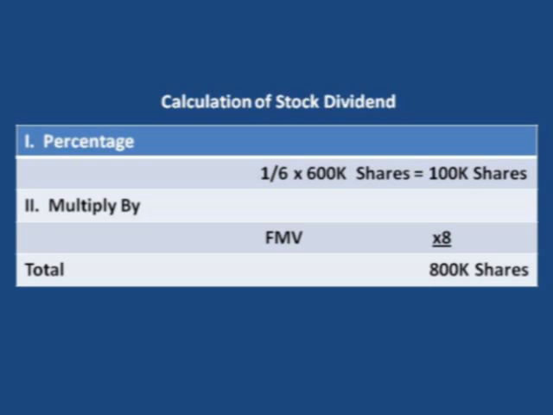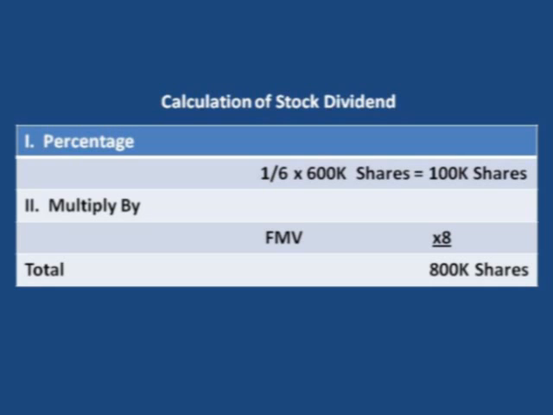The stock dividend, you're going to mail people out shares of stock. So you're going to mail them out 100,000 shares of stock. Multiply by, since this is a small stock dividend, fair market value. Fair market value is $8. So your total stock dividend is $800,000.